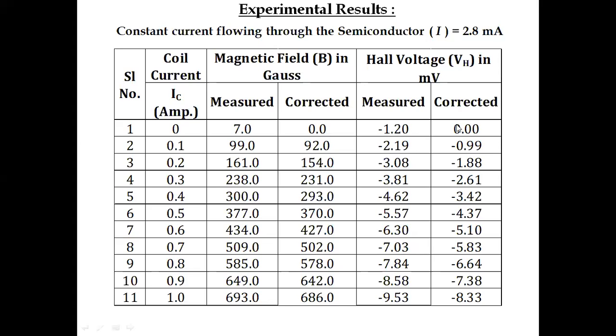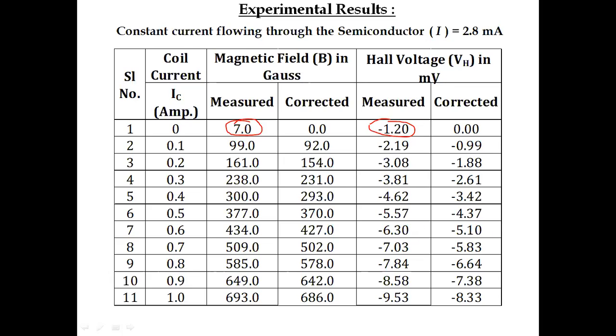Then minus 2.19 minus minus 1.2, that is minus 2.19 plus 1.2, it will be minus 0.99 and so on. So from all the values you are subtracting the first value to get the corrected value.